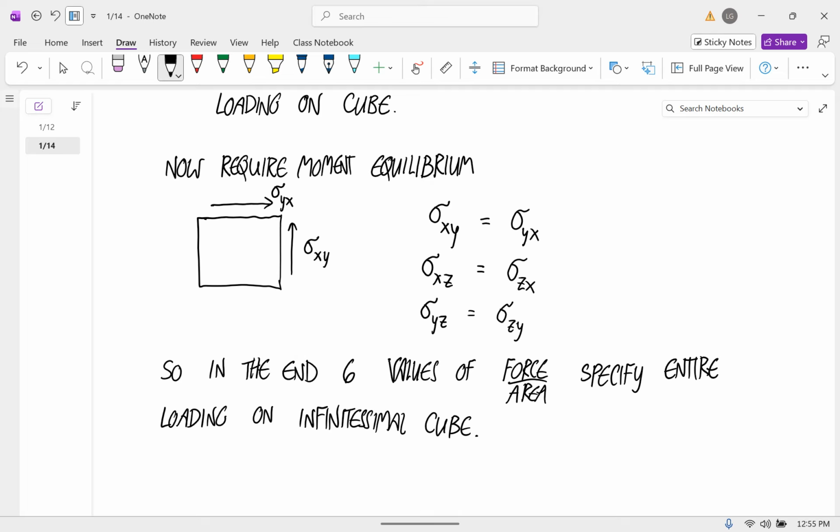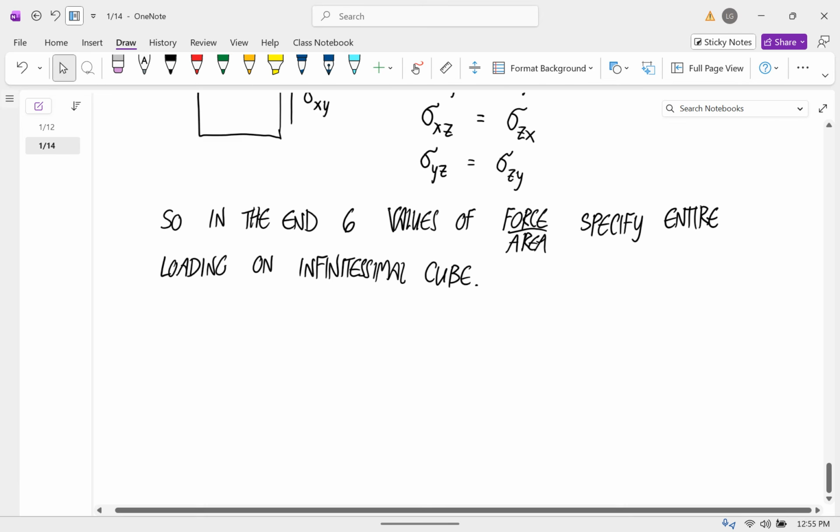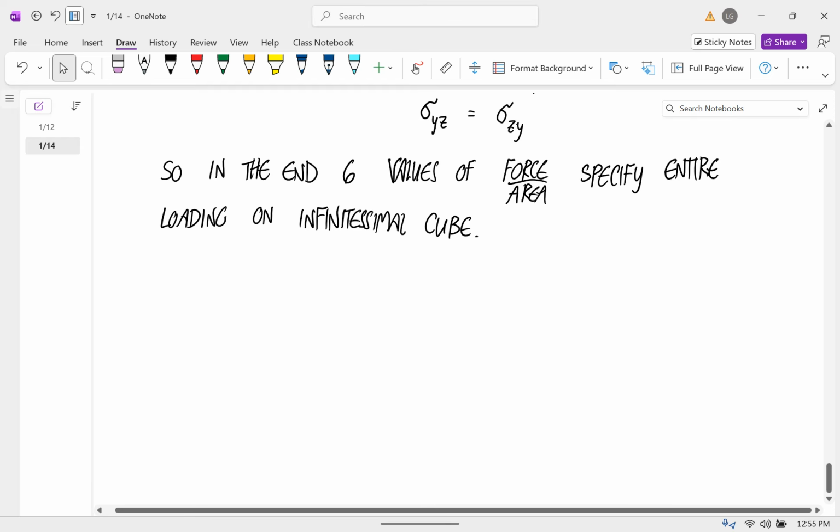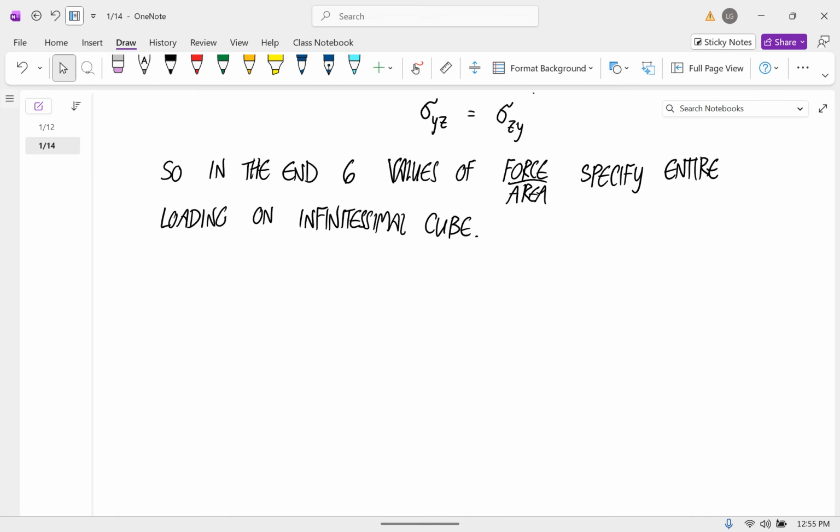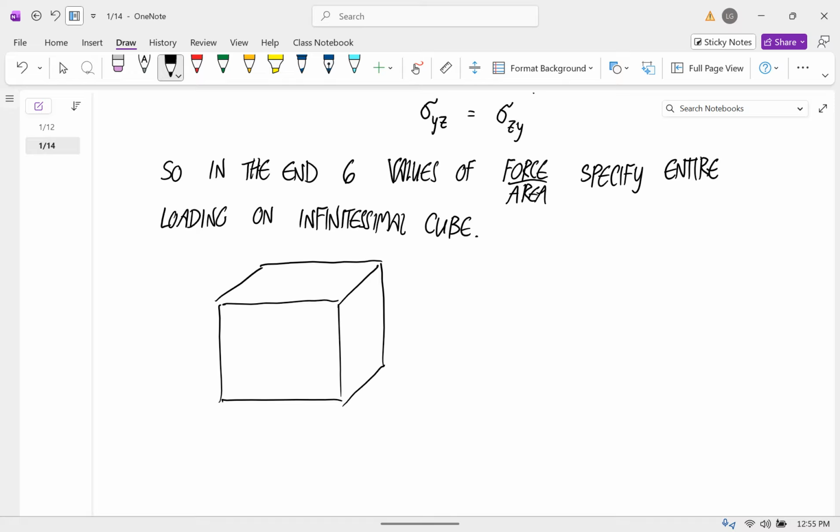Okay, we're down to our final thing, and I drew this up above at the start. Let's think about the naming convention. This face over here on the right is our positive X face.